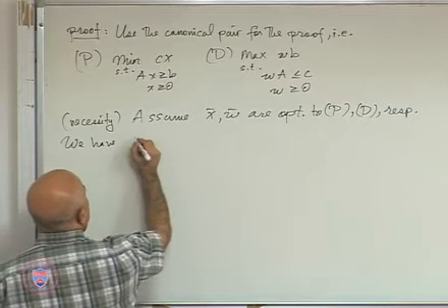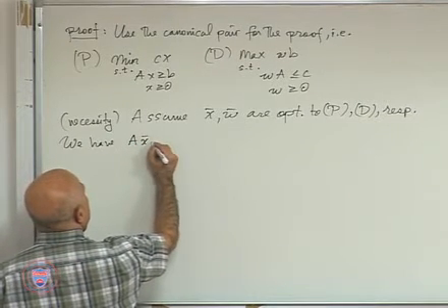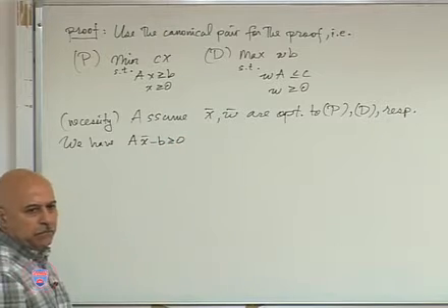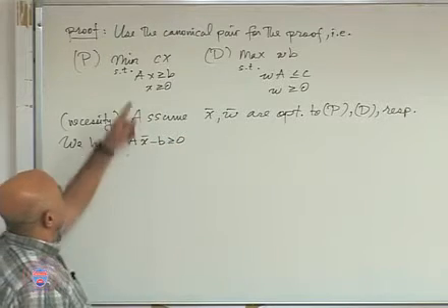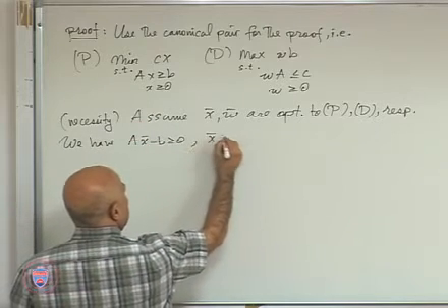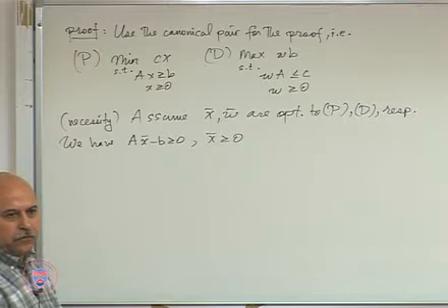We have, by assumption, Ax bar minus B greater than or equal to 0, because x bar is feasible. We also have x bar non-negative due to feasibility.